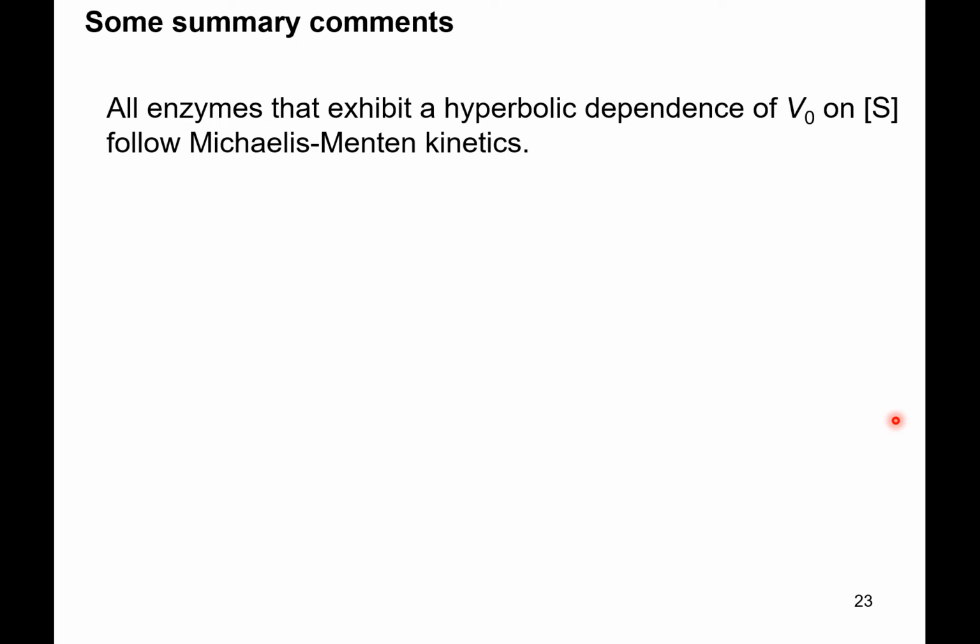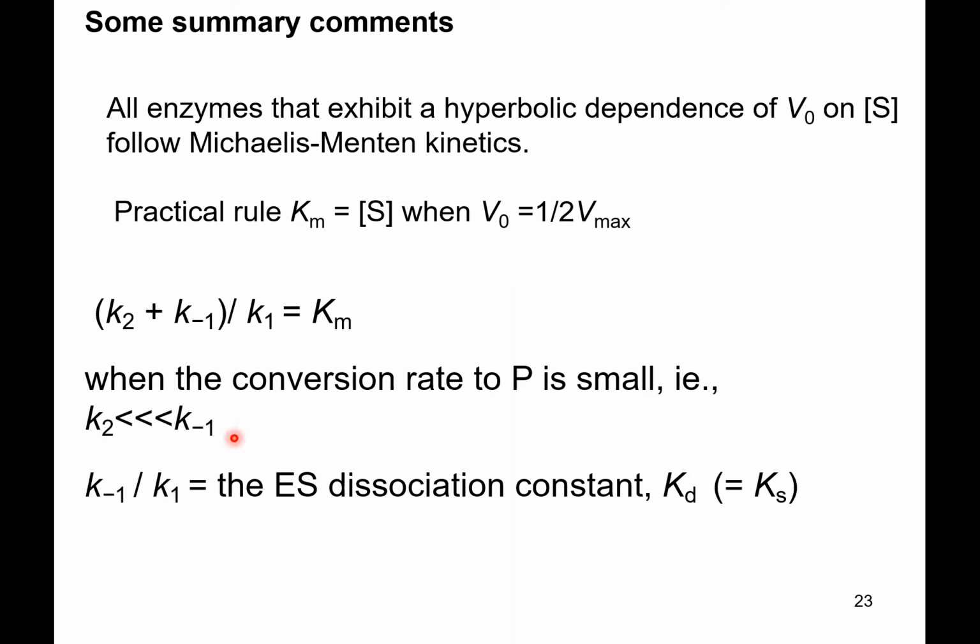Okay, all enzymes that have this hyperbolic dependence of their initial velocity V naught on substrate concentration follow Michaelis-Menten kinetics. And as a practical rule, Km equals that substrate concentration when V naught is 1/2 Vmax.